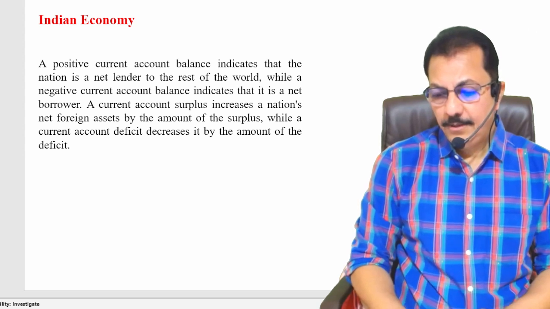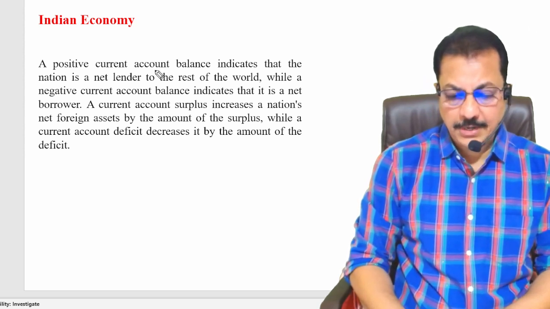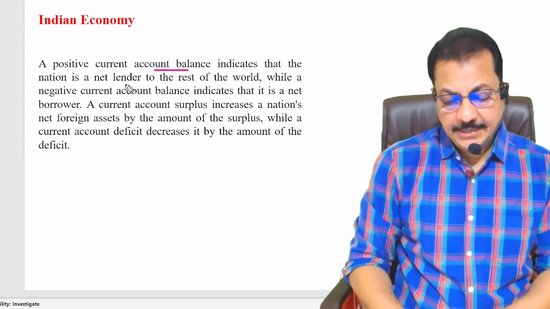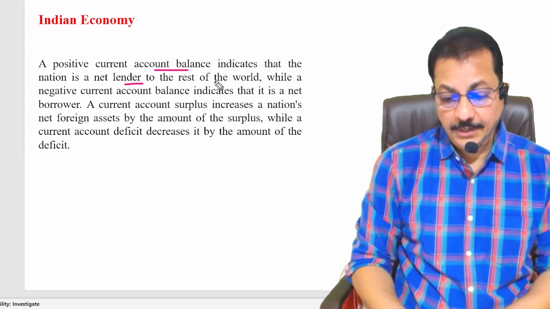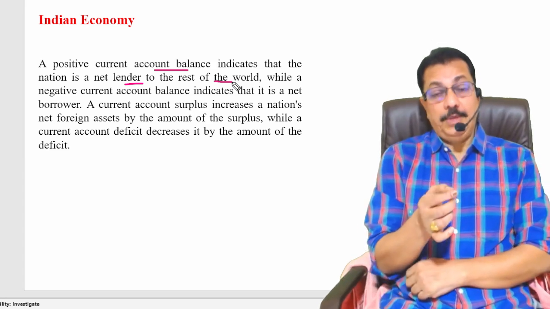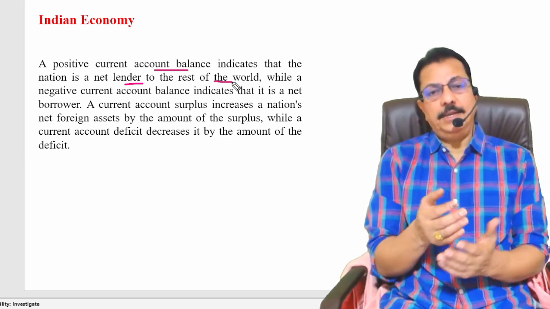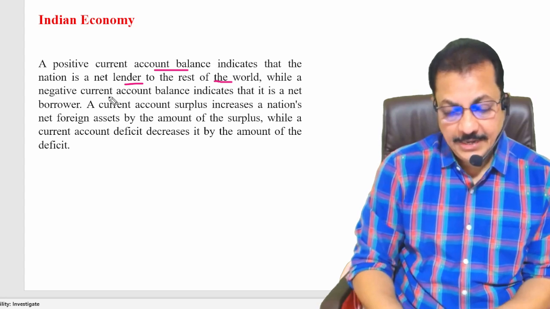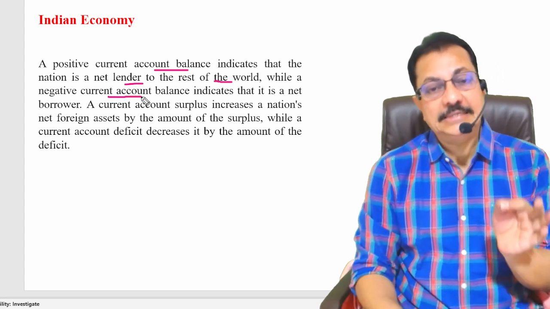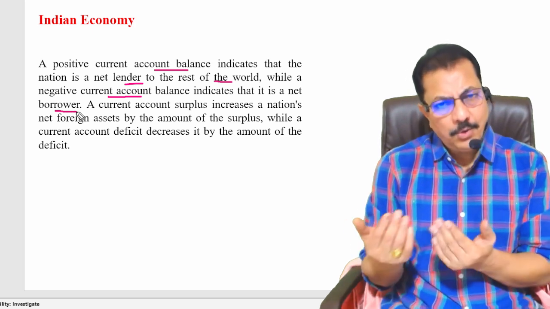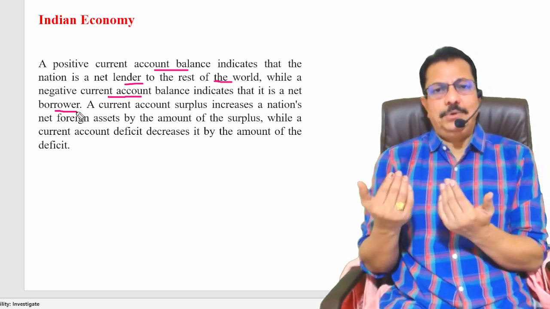Similarly, a positive current account balance indicates that the nation is a net lender to the rest of the world. Why? It is a positive current account. We have surplus, so obviously we are in a position to give. While a negative current account balance indicates that it is the net borrower. When do we borrow? When do we ask someone to give a loan?